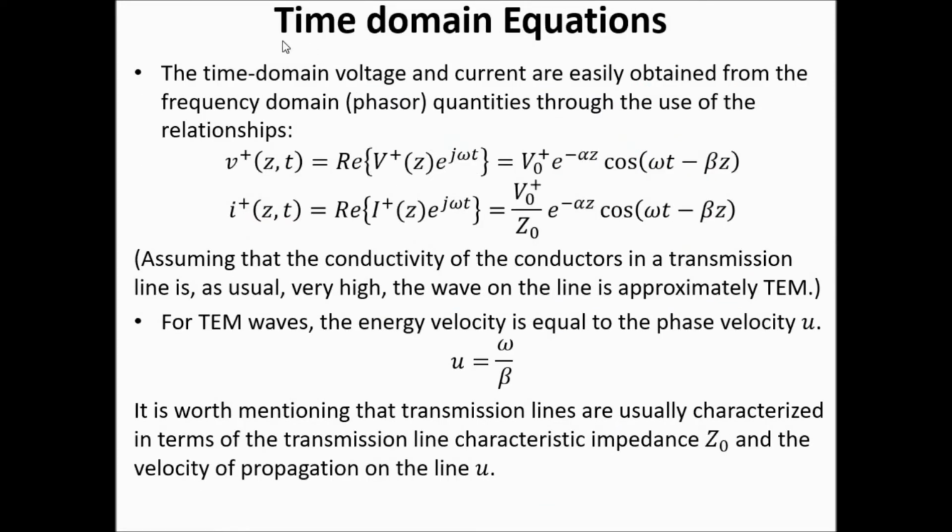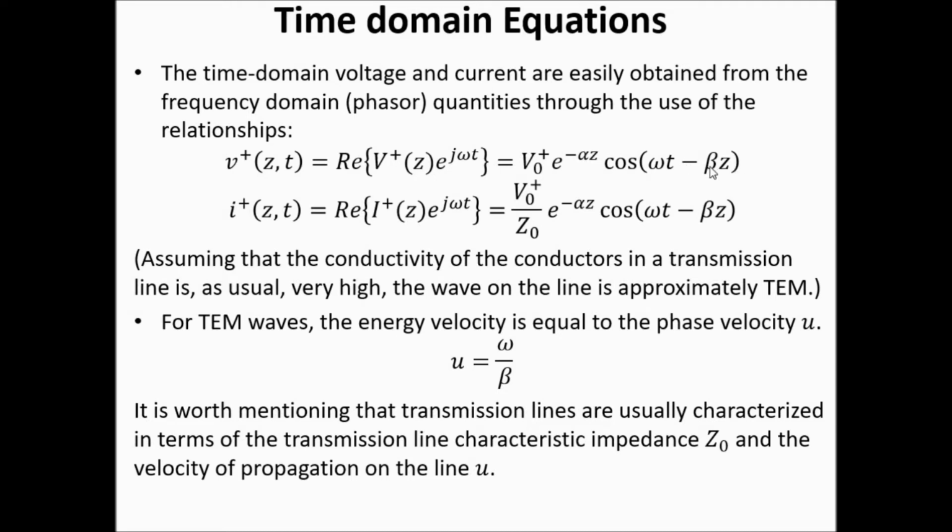Now, from the obtained frequency domain voltage and current expressions, we can get the time domain expressions for the respective terms, like the voltage in time domain can be written as V0 plus e to the power minus alpha z cosine omega t minus beta z.